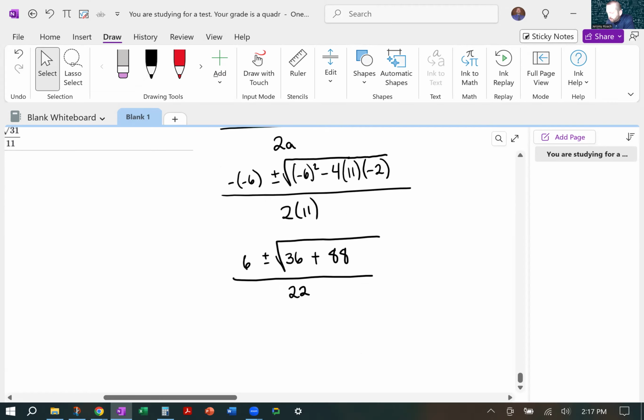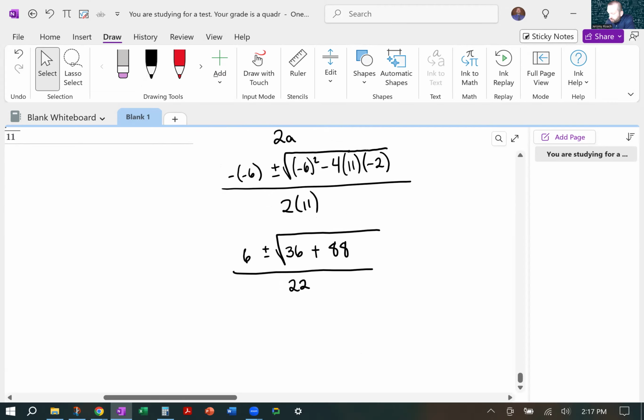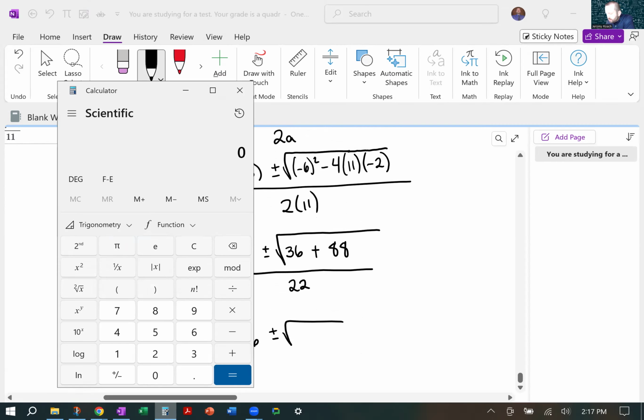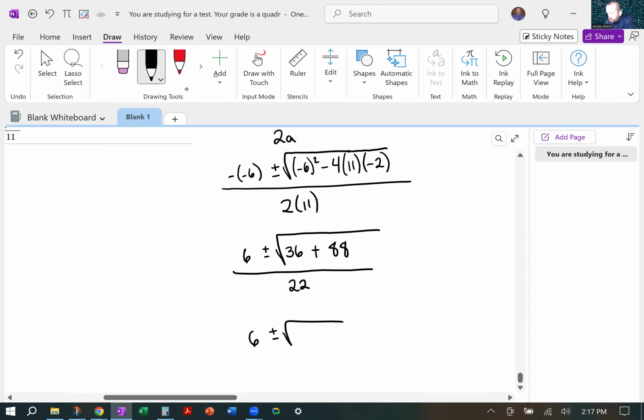We're going to keep going. We have a plus or minus here, so it's going to give us those two answers that we're looking for. And 36 plus 88 is 124, all divided by 22.